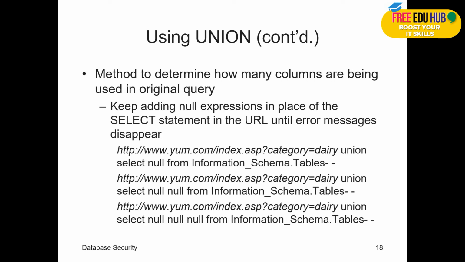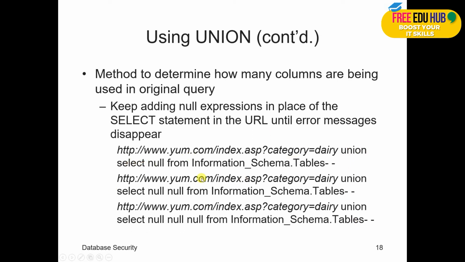Method of determining how many columns are being used in the original query: you will write a statement in the place of the select statement in the URL until the error message disappears. For example, yum.com, and keep an eye that they are using null in between.